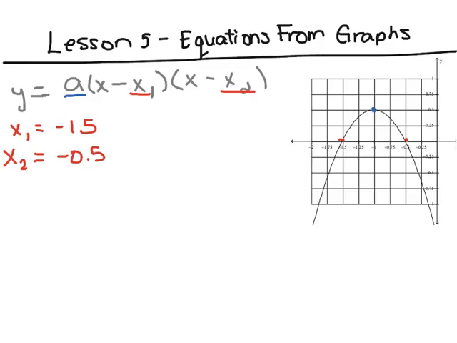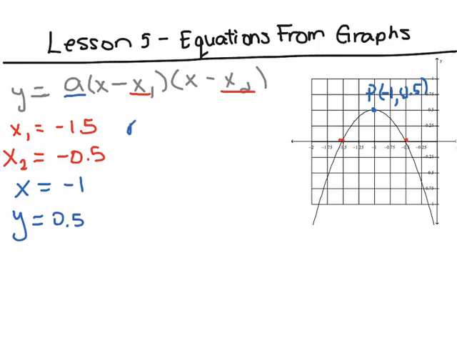And you can plug this point in as x and y so that all you're left with is your a value. So instead of writing x, we're going to write negative 1, and instead of writing y, we're going to write 0.5. So we're going to plug all of that into our equation.